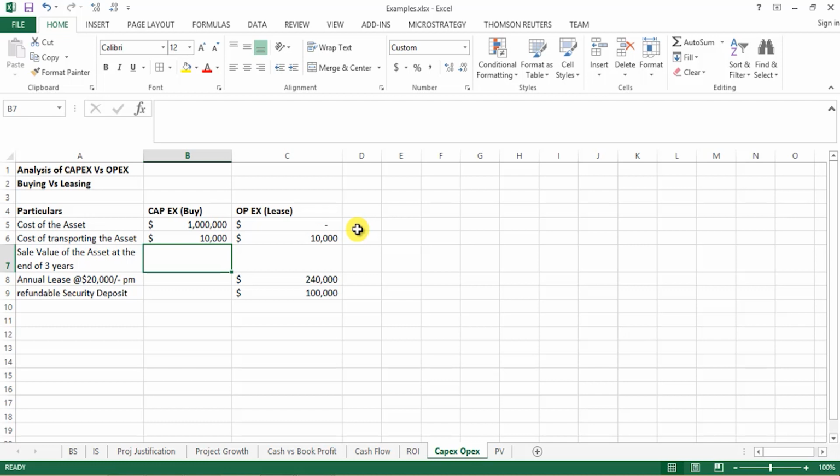So that leaves the asset with a residual value of $1,000,000 minus the depreciation of $450,000. So that leaves the machine with a value at the end of its useful life of $550,000, which is going to be realized. So here we understand that this is the outflow of the amounts. You have to incur these amounts to get the machine delivered to your premises.